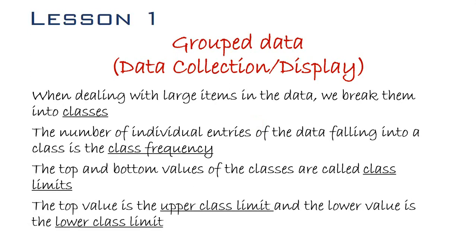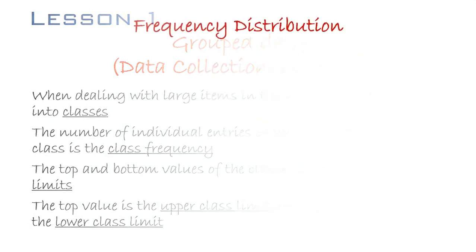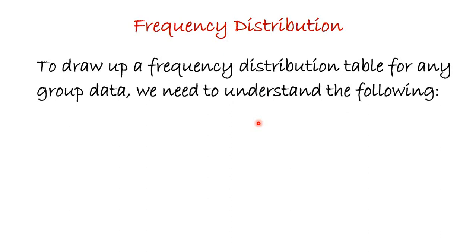Let's look at the frequency distribution table. To come up with this table, or to draw this table, let us first look at some of these terms. That is, we are going to look at what we call the lower class and upper class boundary.